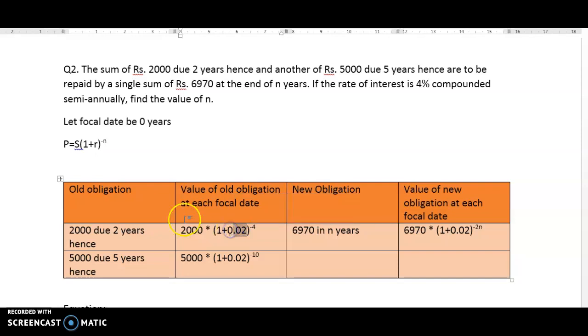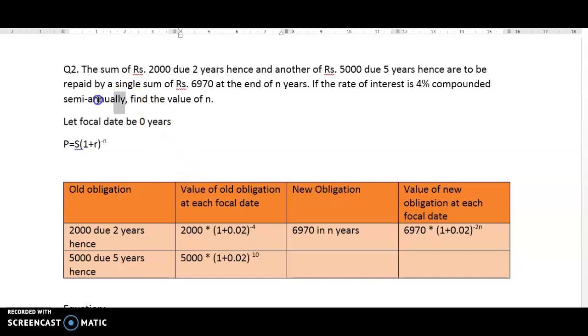Our focal date is 0 years and this is after 2 years, but our rate of interest is semi-annual. So instead of 4%, I have to use 2%, that is 4% divided by 2, and the number of years will be multiplied by 2.